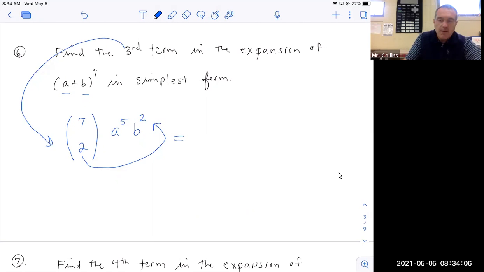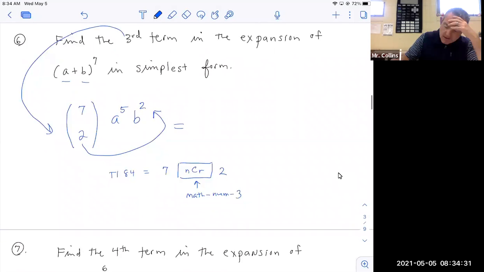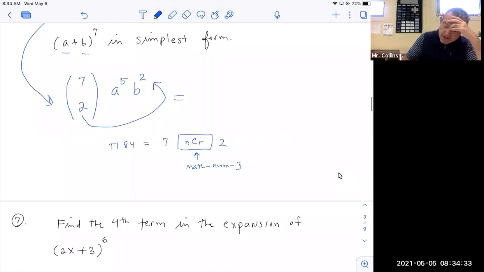7 choose 2. This time I'm going to do it on a calculator just to show you a different way rather than using all the factorials. On the TI-84, you'd type in 7. You'd find the button for nCr and you'd type in 2. By the way, this is under the math menu, prob, number 3, you'll find it. So that's on the TI-84. On Desmos, you've got to go to the function menu.